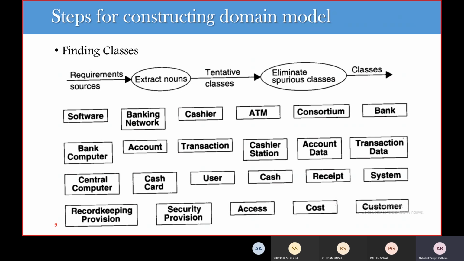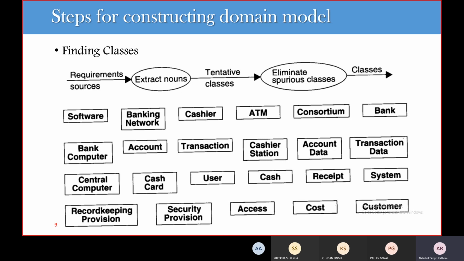So a reservation system should sell tickets for different multiplexes. So the tentative classes are: we have reservation, then we have system, then reservation system, then again we have to sell ticket. Ticket is again a noun, then multiplexes, again a noun. In this way we can identify different nouns that are available.